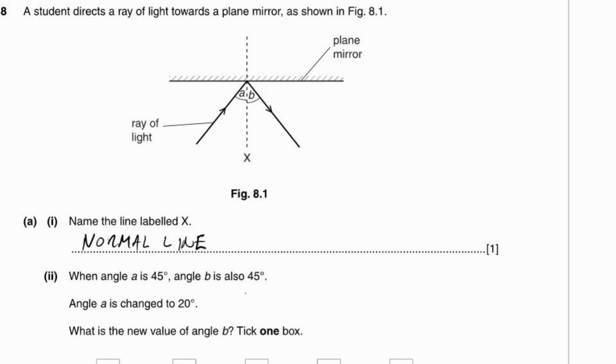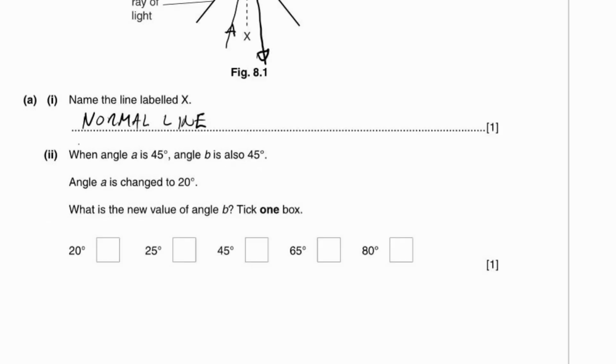What is the new value of angle B? Well, if angle A is going to change to 20 degrees, it's going to come in like that. Then angle B is also going to be 20 degrees because it's a mirror. So there we go, our first option, 20 degrees.